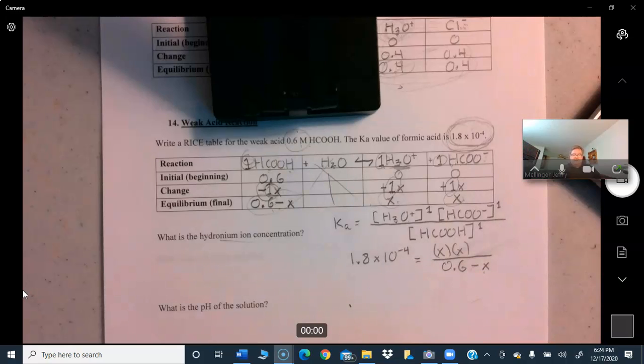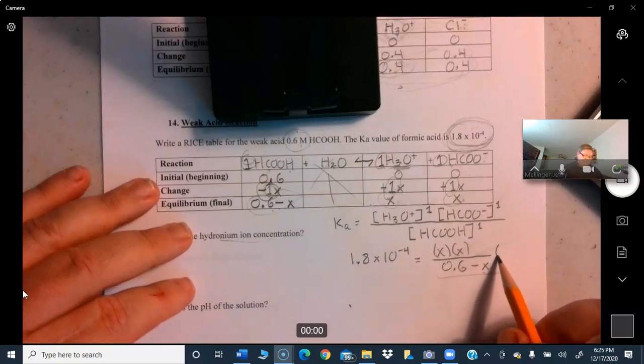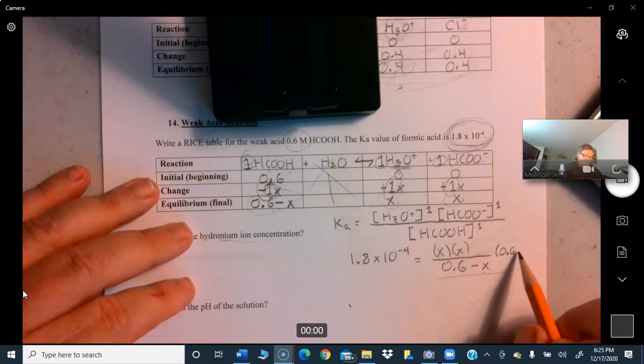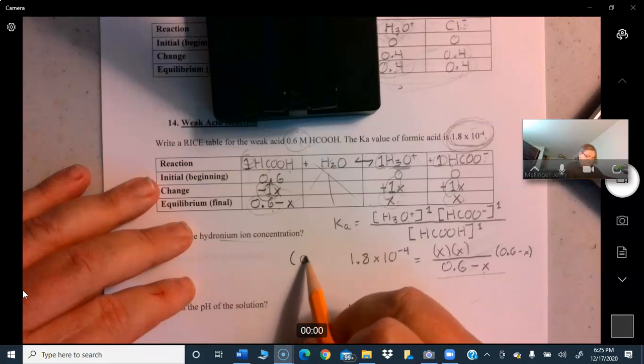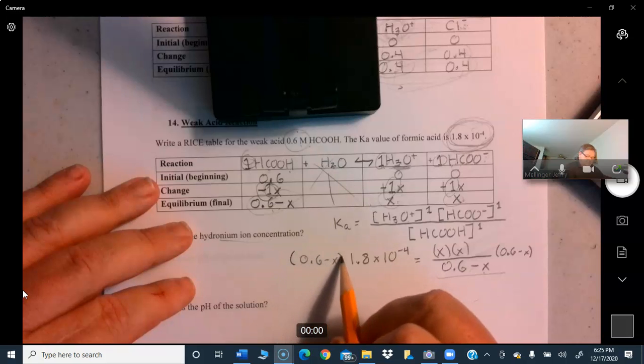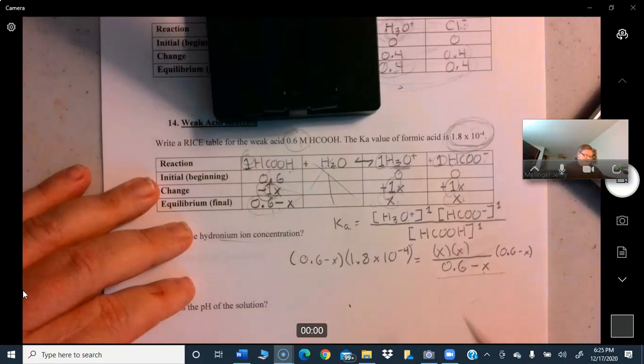Use the simplifying assumption. Okay, so what I will do is I'm going to multiply both sides by this. And these cancel.